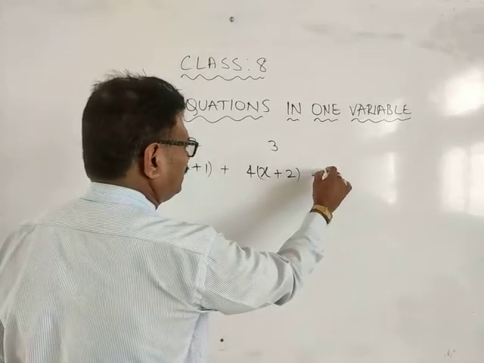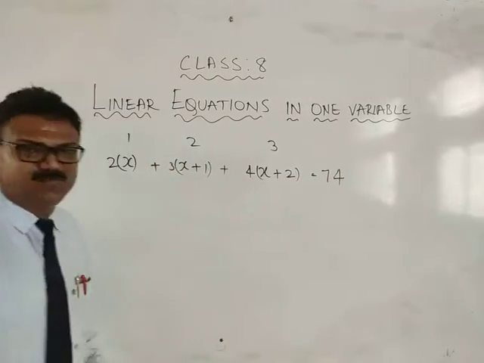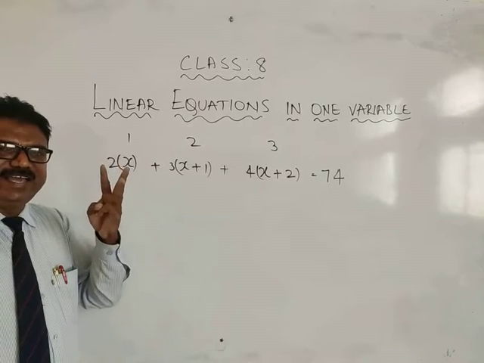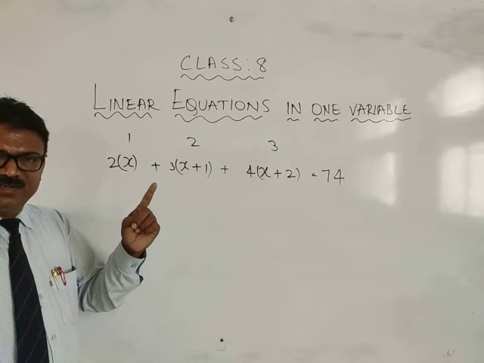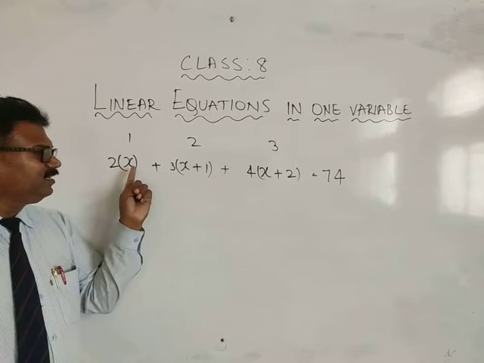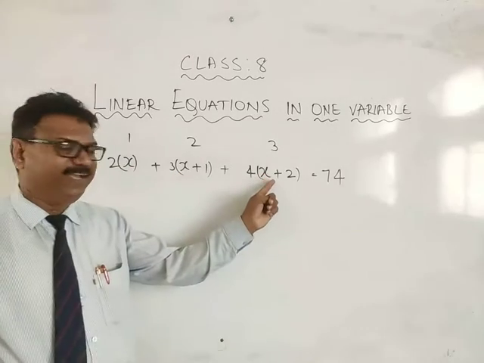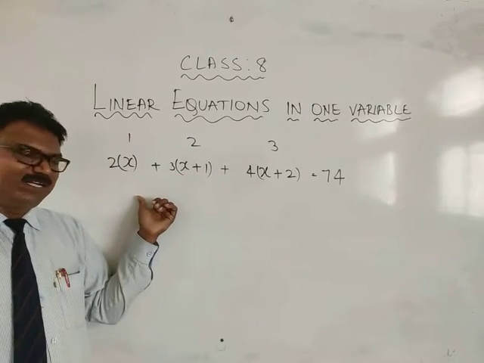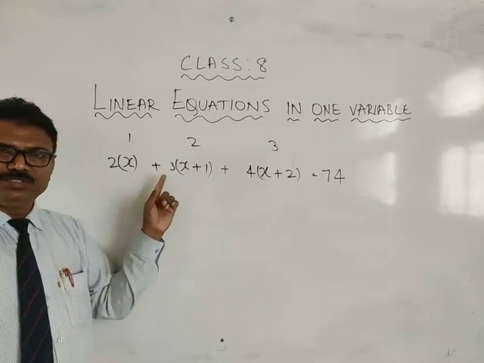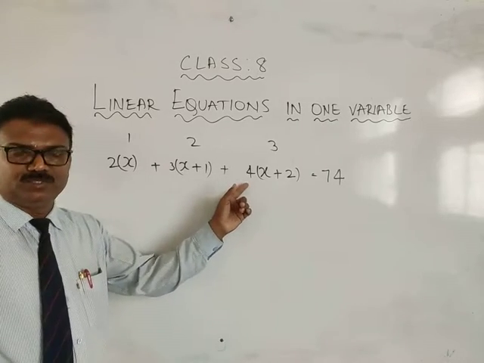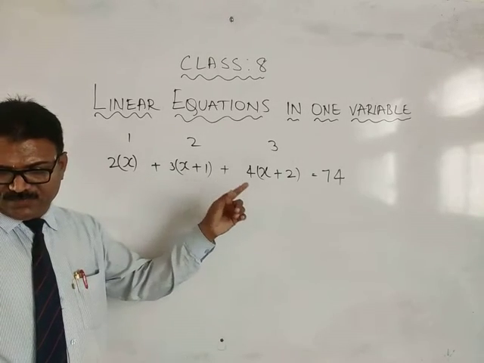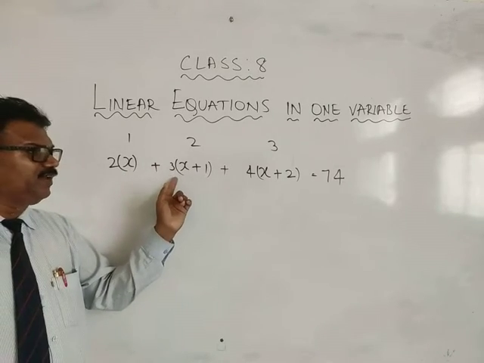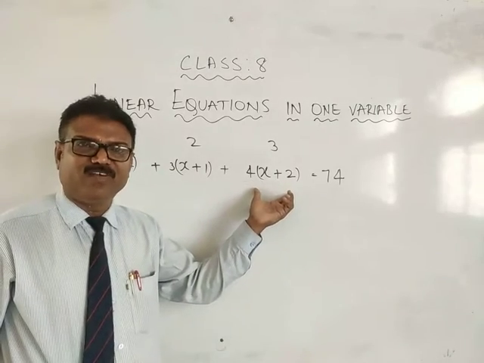See the problem please. There are three consecutive numbers, x, x plus 1 and x plus 2, multiplied simultaneously by 2, 3 and 4: first number by 2, second by 3 and third by 4.